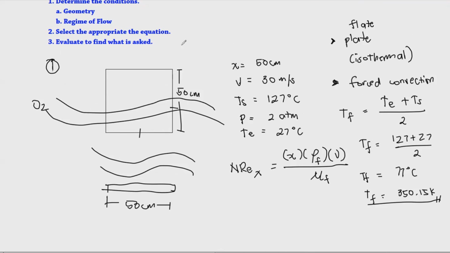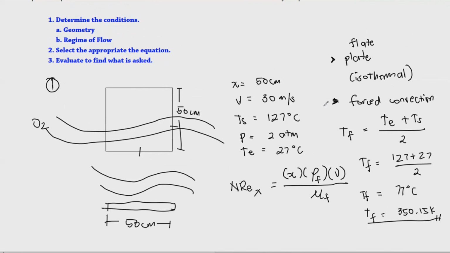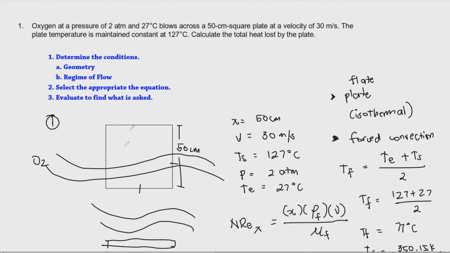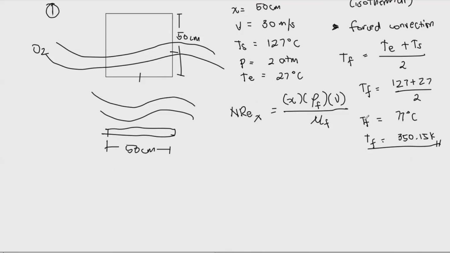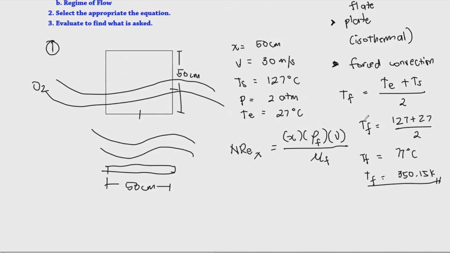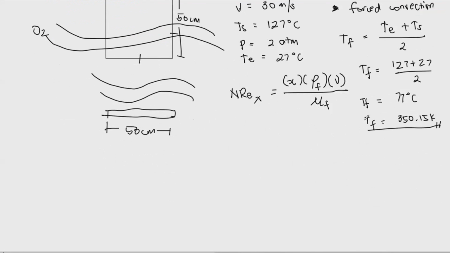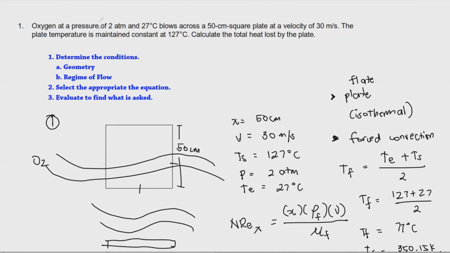If you'll be using some kind of equation, you also have to use the film temperature, or the bulk temperature if you have fluids going in and out, since you should always be taking the average of the temperatures. Well, in some cases you don't, but the problem should specify that. So in this case, I'll have 350.15 Kelvin for the oxygen.